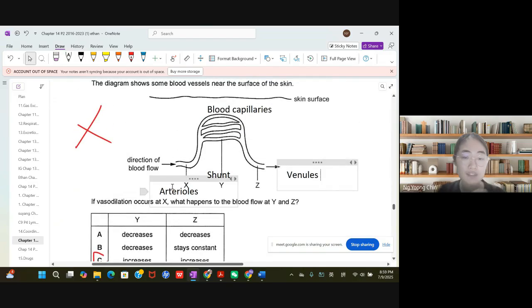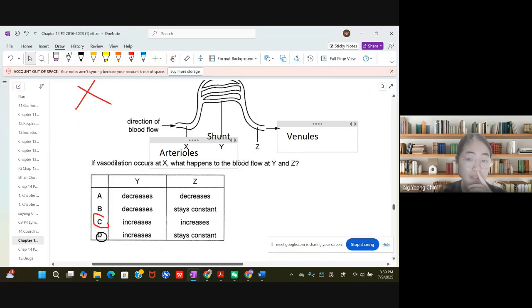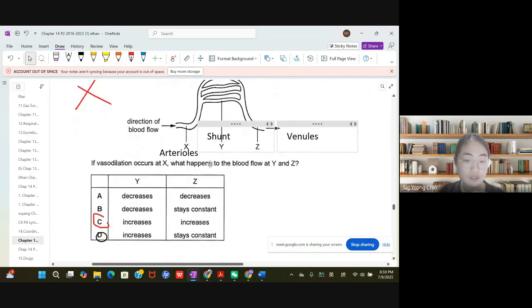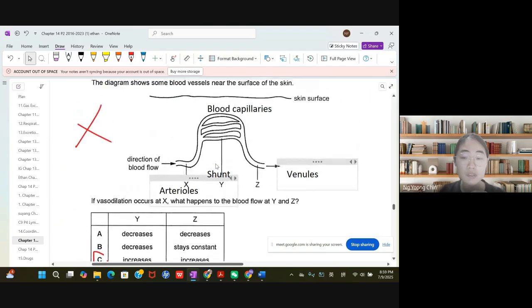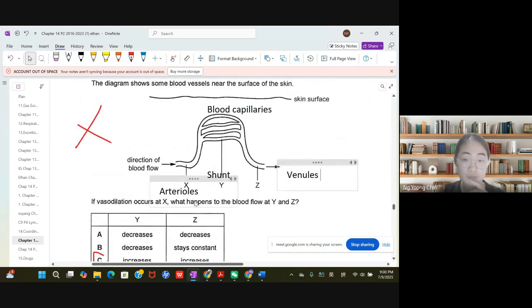So what will happen if you increase the diameter of the arteriole? Because you have vasodilation on the arteriole, right? So increased blood flow. Okay, so what happens to the blood flow at Y and Z? Both will increase, which means it will increase the blood flow to the shunt and also the venule because you increase here.